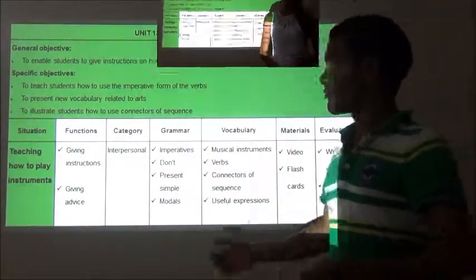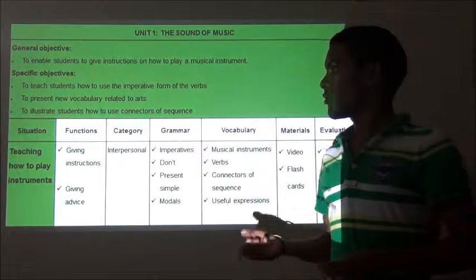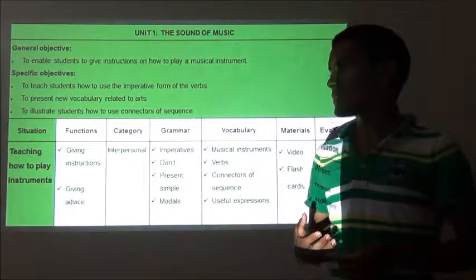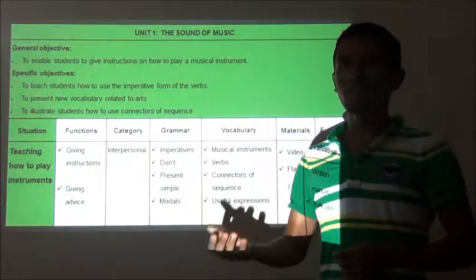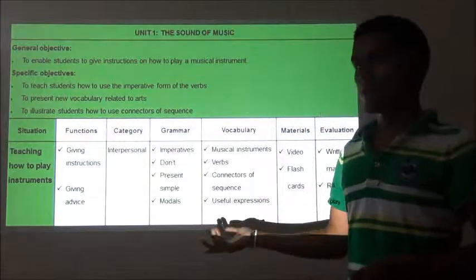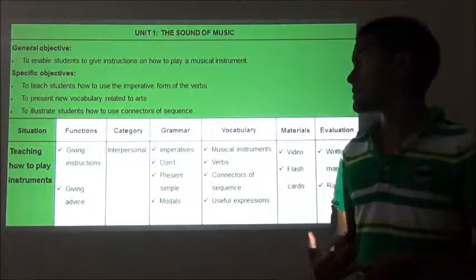The situation for this unit is teaching how to play instruments. Therefore, students will pretend that they are teachers and they are conducting a class on how to play instruments. The functions of this unit are giving instructions and giving advice.